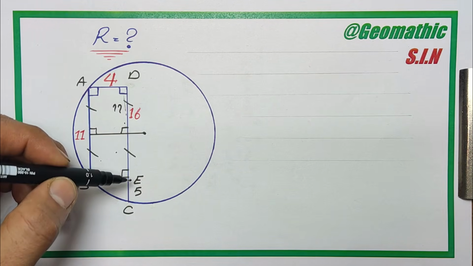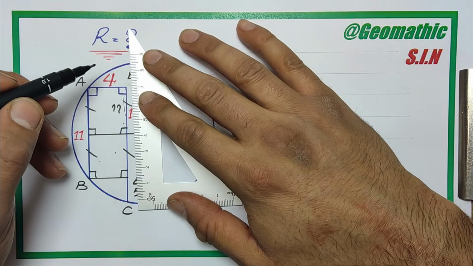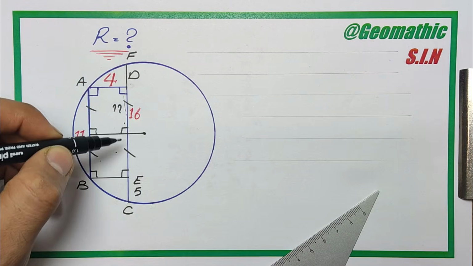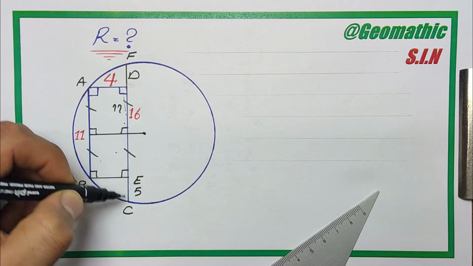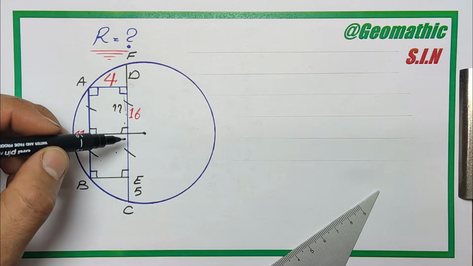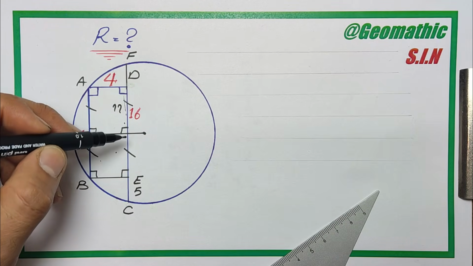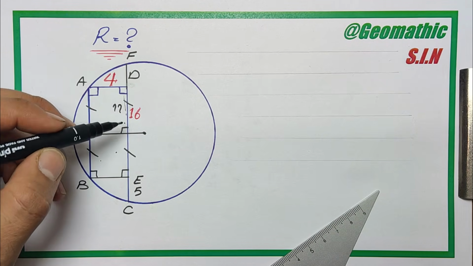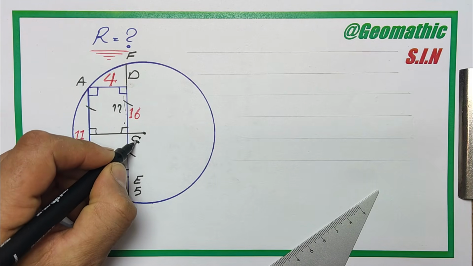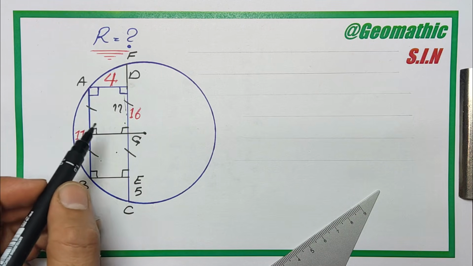Now if we extend the line CD to the circumference of the circle like this and name it F, it also forms a chord of the circle. So CF is a chord of the circle. Thus the line drawn from the center perpendicular to AB is likewise perpendicular to this new chord and bisects it. So I name this point G. We know that DE is equal to AB, which is 11 units.